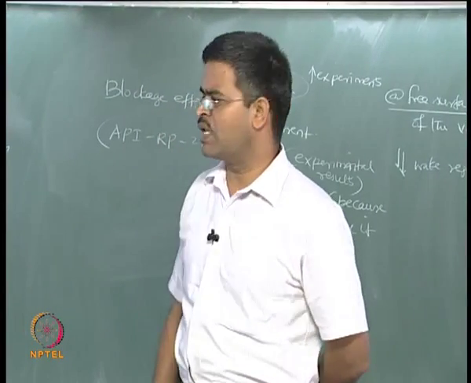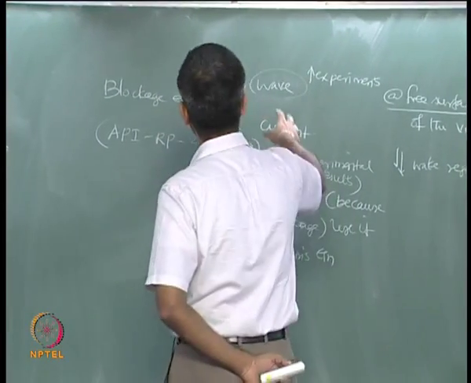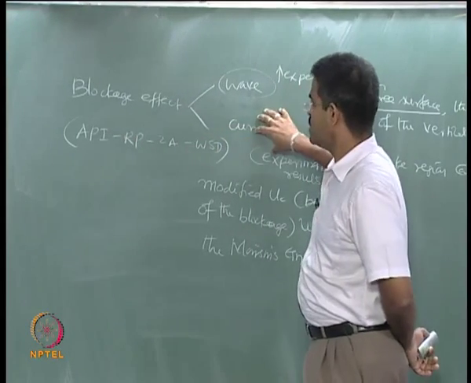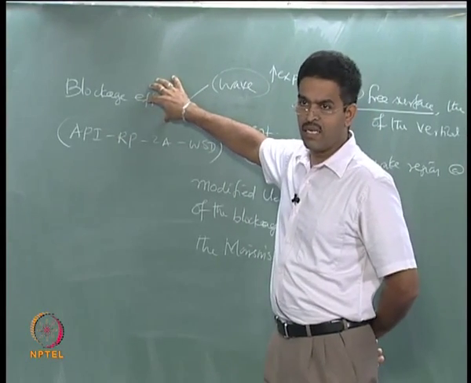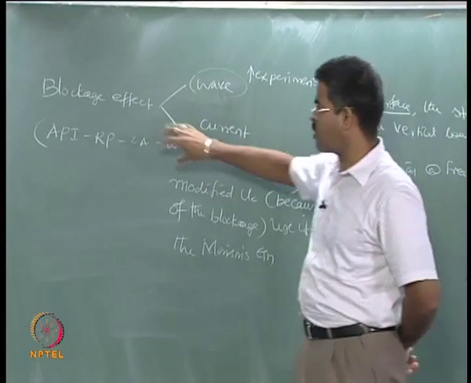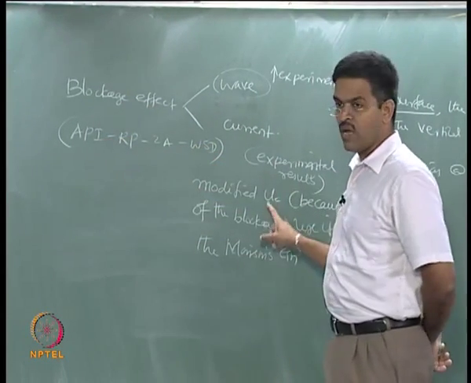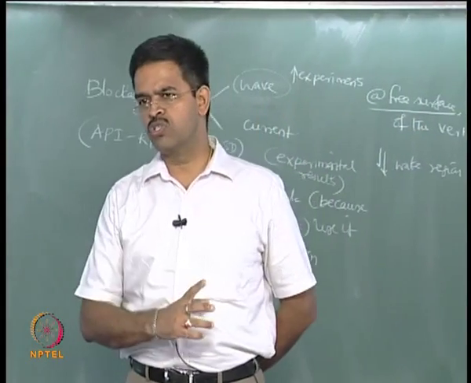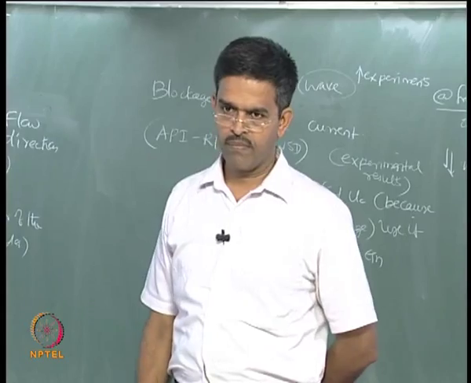There are experimental evidences which confirm this for wave action, but it has not been recommended. For current action, yes, it is recommended indirectly by finding the modified current velocity because of the blockage effect, then using that modified value in your Morison equation for finding the drag force on the member.